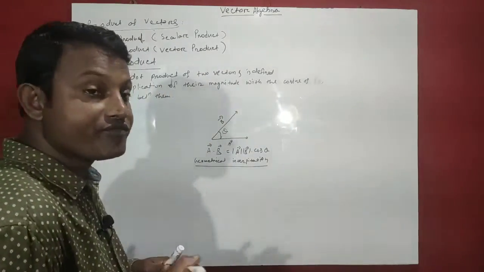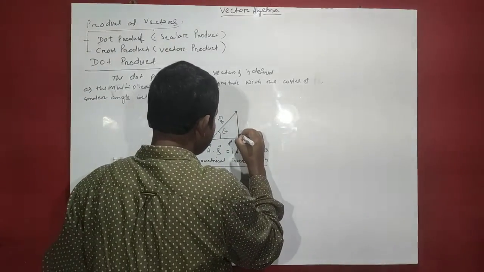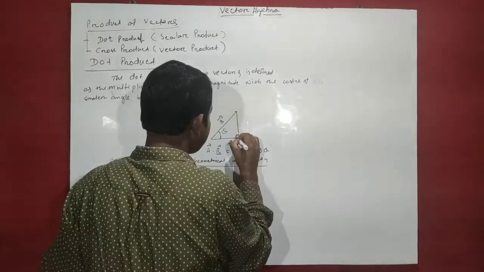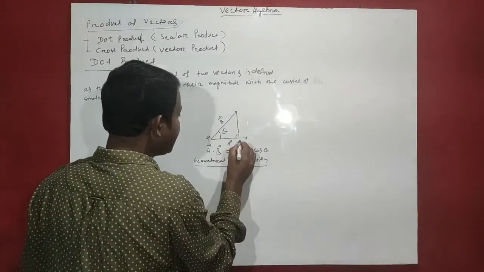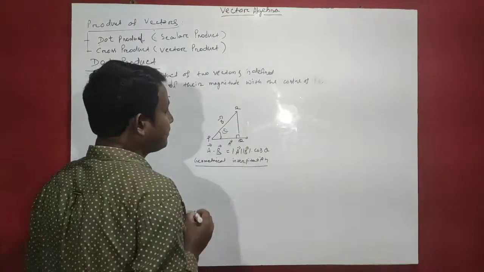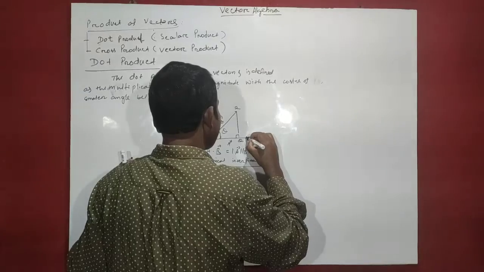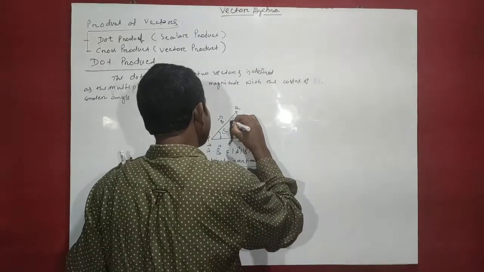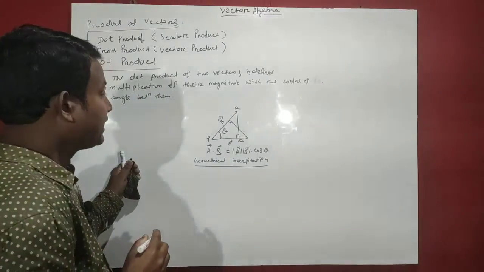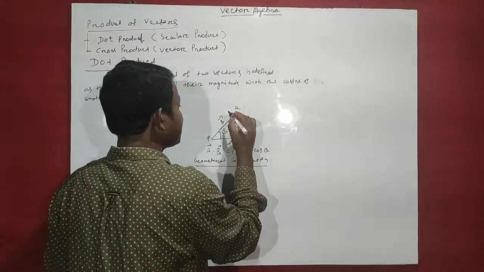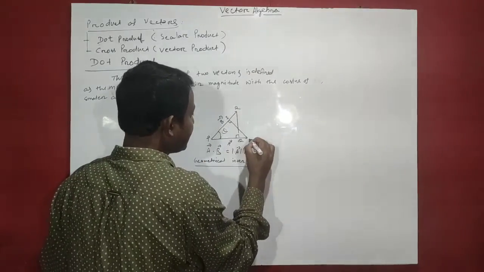Let me draw a perpendicular from head of B to A. Let me name the triangle P, Q, R, and we draw another perpendicular from the head of A to B, and let me name this S and T.